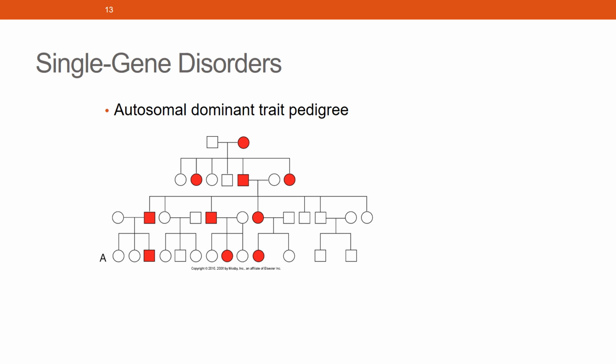But other unfortunate individuals will have the disease. And when we're talking about a trait, it's not only the disease, it can be anything, like features and physical characteristics. It's just a trait that's regulated by dominant genes.